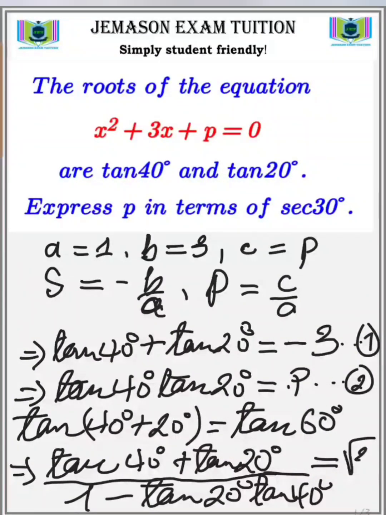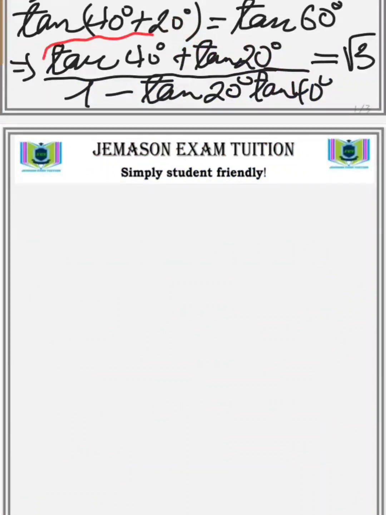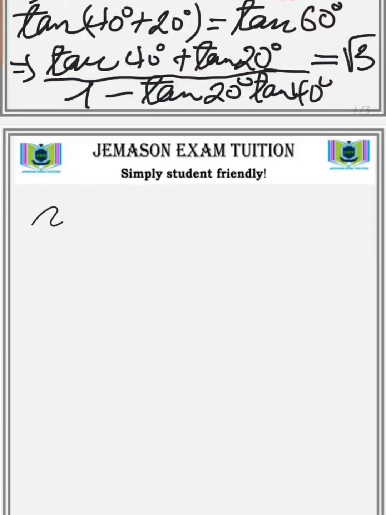Tan 60 is the square root of 3. So at this stage we make replacements for the expression tan 40 degrees plus tan 20 degrees, which in equation 1 is equal to negative 3, and tan 20 degrees tan 40 degrees, which in equation 2 is p.